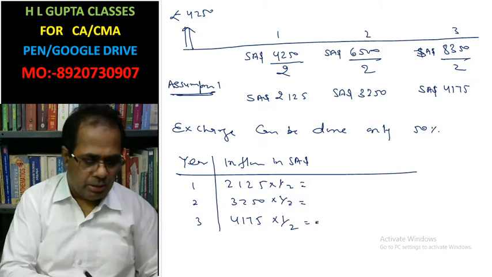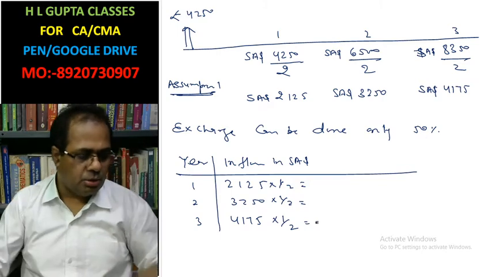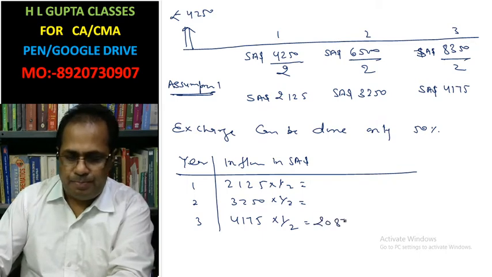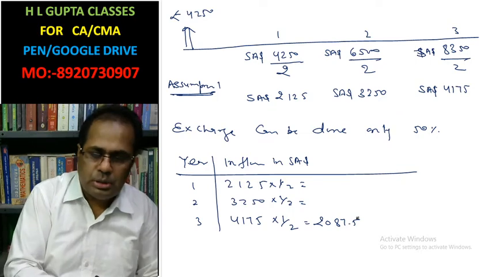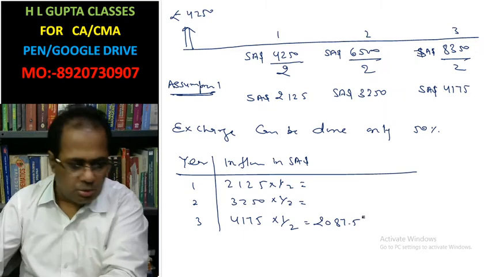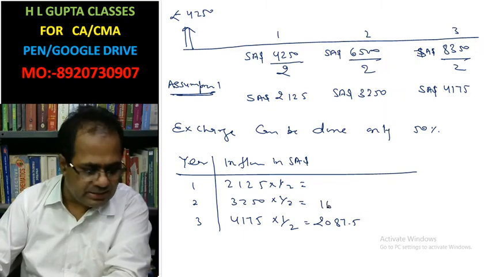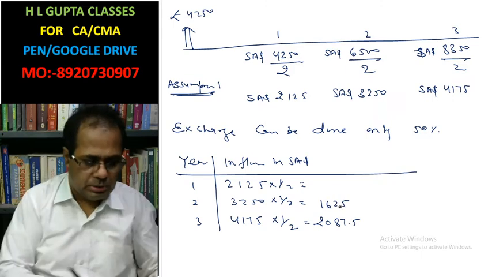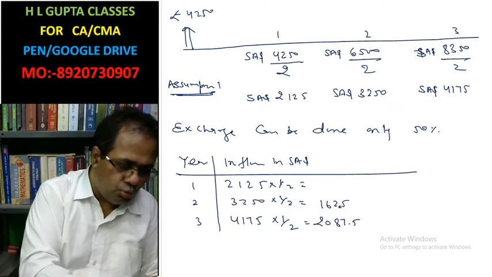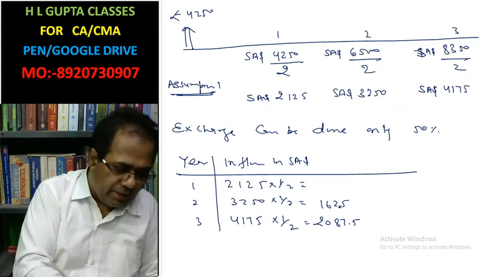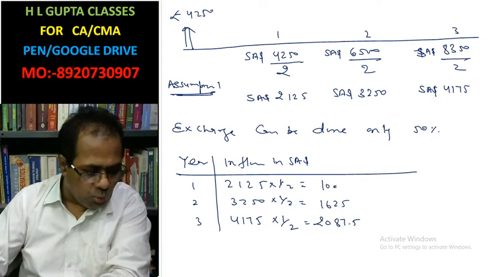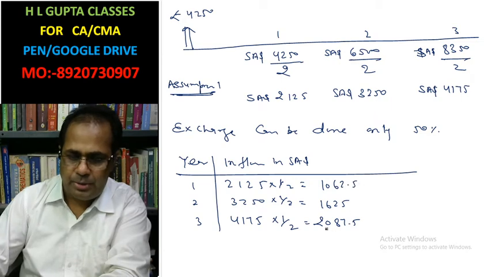Half of this, divided by 2, you will have 1062.5 for the first year, 3250 divided by 2 is 1625, and 4175 divided by 2 is 2087.5.